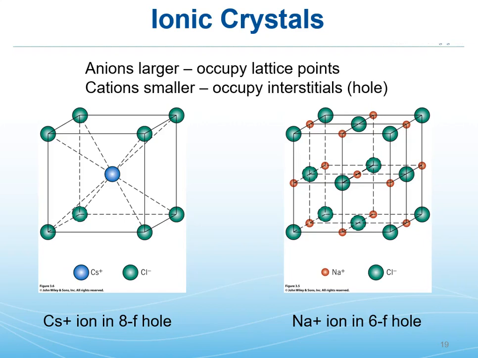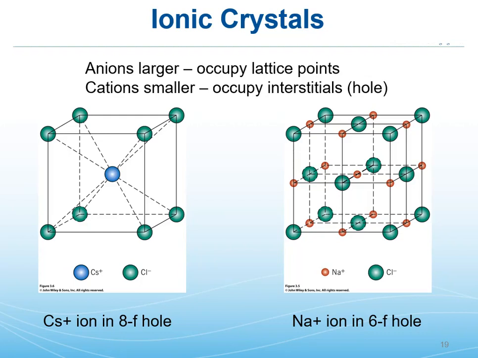So that sets a lower size limit on the cation, which would be an upper limit on coordination number. So bigger cations will tend to have larger coordination numbers. Smaller cations, smaller coordination numbers. And that generally follows the same kind of rule that we'll see with lattice strain for neutral interstitial solutes.